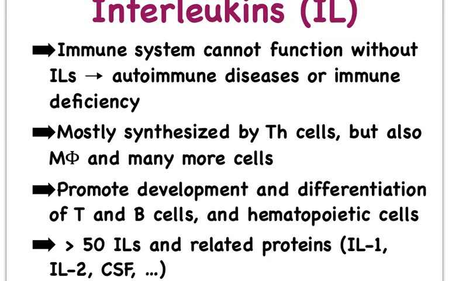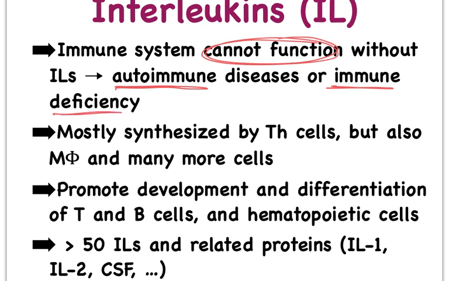Another set of very, very important cytokines are the interleukins. As a matter of fact, they're so important that our immune system literally could not function without them. And when there are problems with interleukins, one or more, we are indeed going to see things like autoimmune diseases, which we will study, or immunodeficiency diseases, which we will also study.